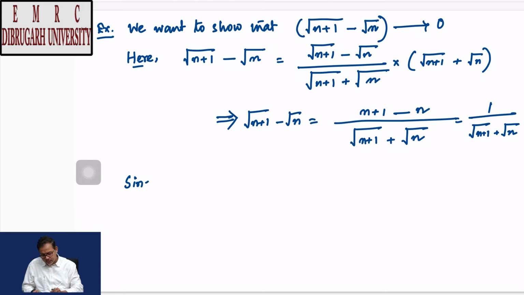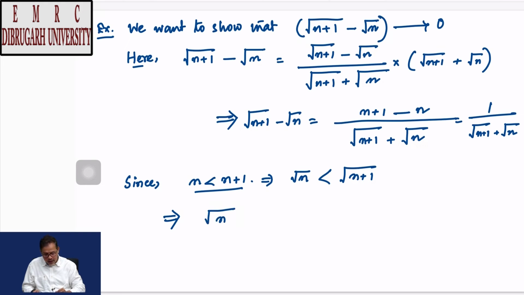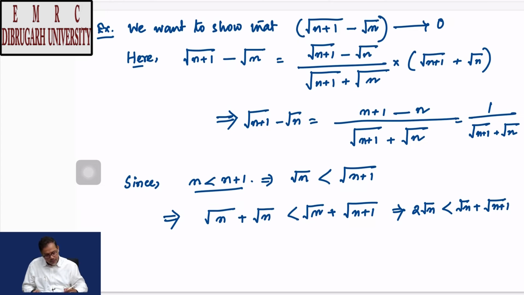Now since n is less than n + 1, we have square root n is also less than square root n + 1. And therefore, square root n plus square root n is less than square root n plus square root n + 1. And it means 2 times square root n is less than square root n plus square root n + 1.